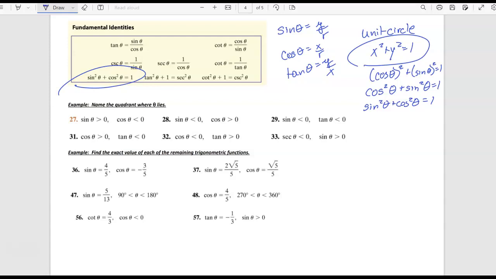So what if we were to take everything in that and divide by sine squared? So we're going to have sine squared divided by sine squared plus cosine squared divided by sine squared equals 1 over sine squared. Well, sine squared over sine squared is 1. Cosine divided by sine is cotangent.